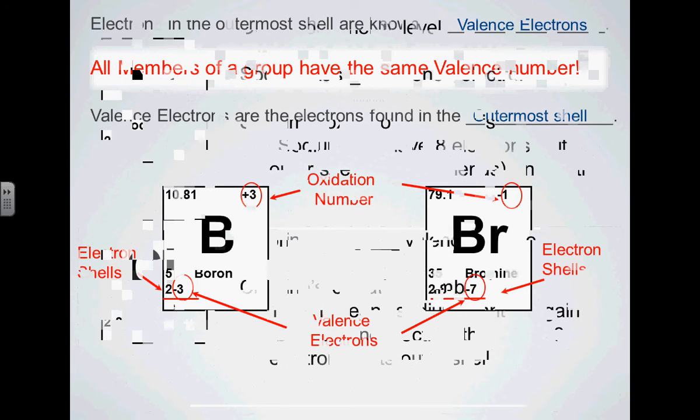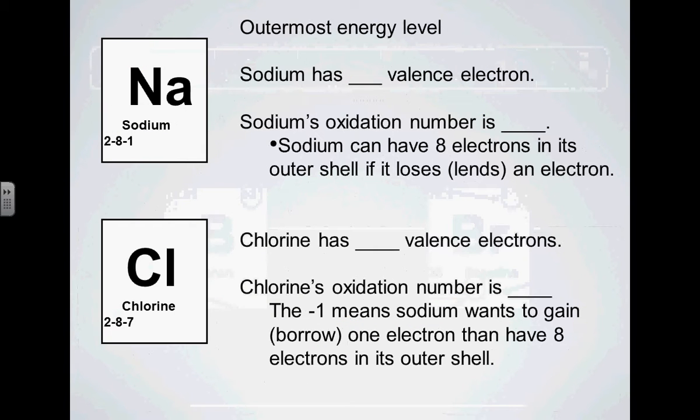So, if we look at some examples, this is sodium. And its outermost energy level, how many valence electrons does sodium have? Emma? 1. It has 1 valence electron. So its oxidation number, you could think about it as, does it have extra electrons or is it missing electrons to become stable?